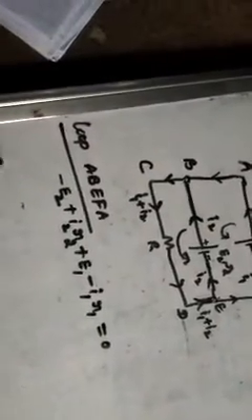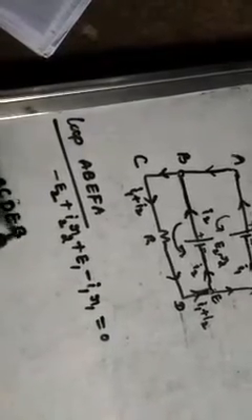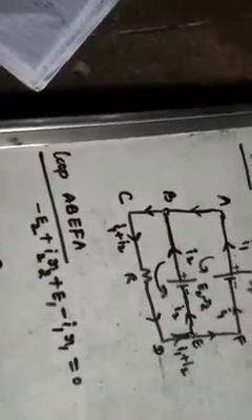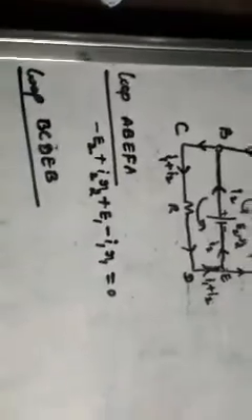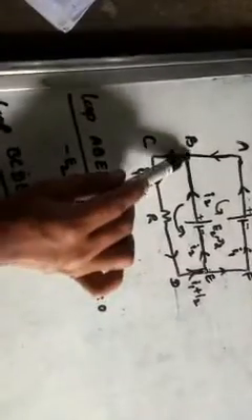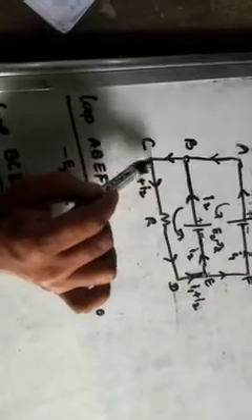Coming to the second loop, B, C, D, E, B. Is everyone following? The first one is anti-clockwise, so the second one must be anti-clockwise too. B to C, no resistor, no cell.